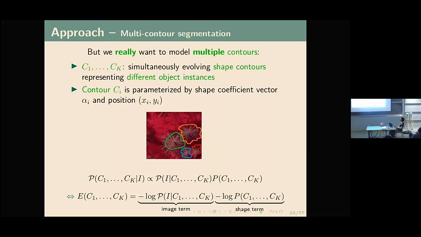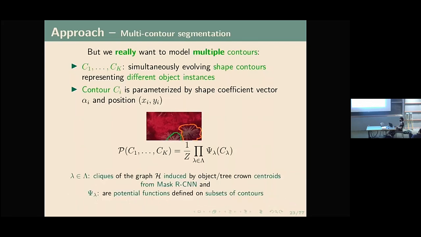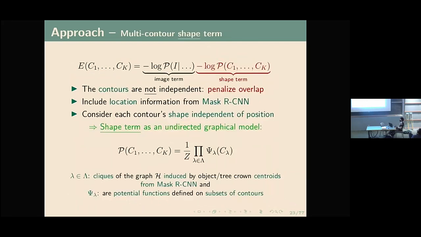This is the same thing, we're just generalizing it to the more complicated case. And these are contours that are overlapping, so this segmentation is not great. This time the shape term needs to account for the fact that the evolving contours are not independent. We want the joint contour model to penalize overlapping contours. So consider tree crowns overlapping each other in the previous picture. We want to penalize those.